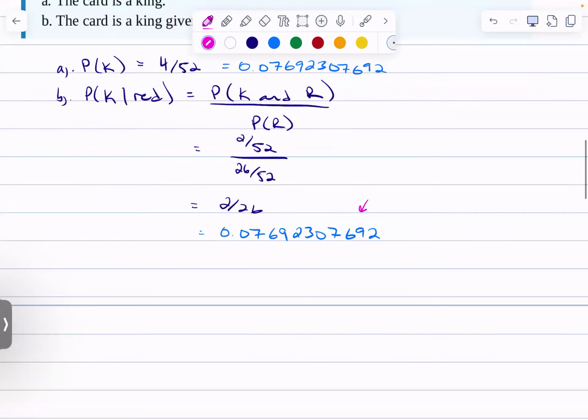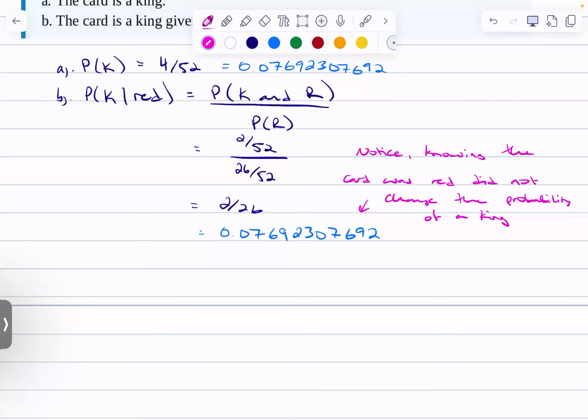So here, notice, knowing the card was red did not change the probability of a king.